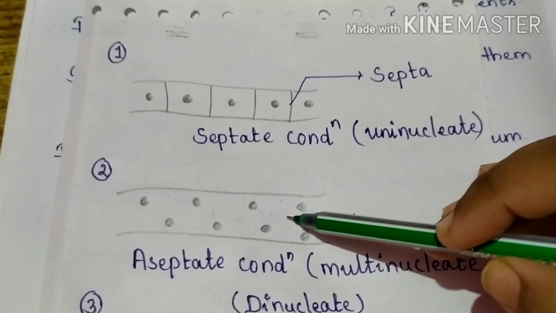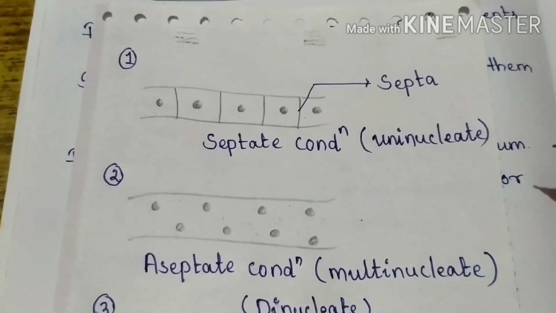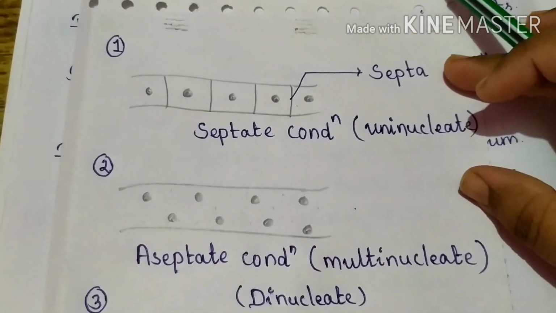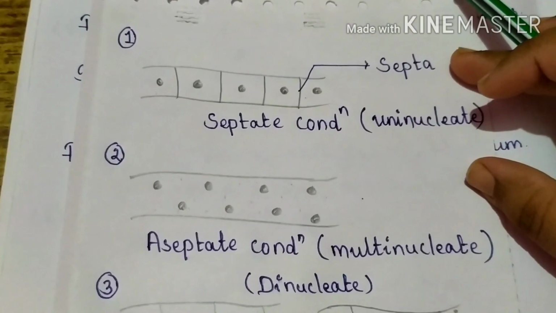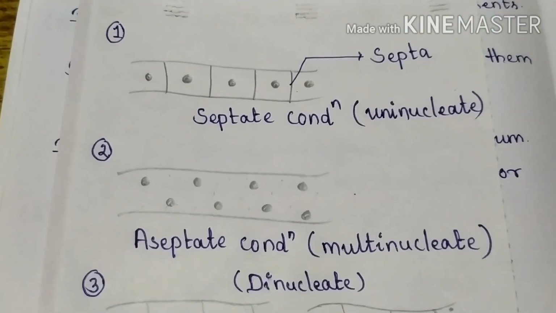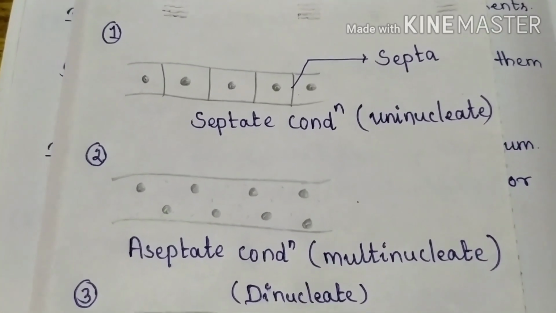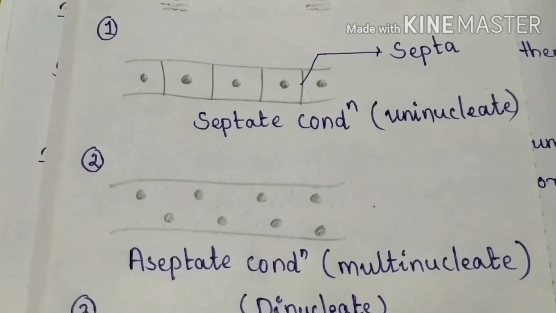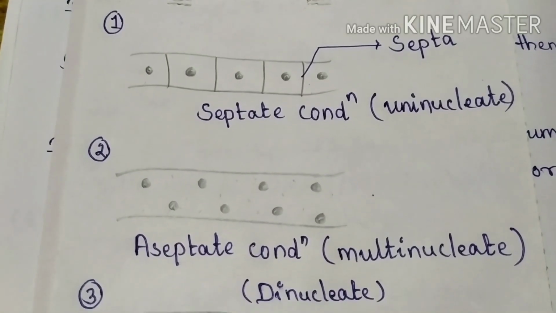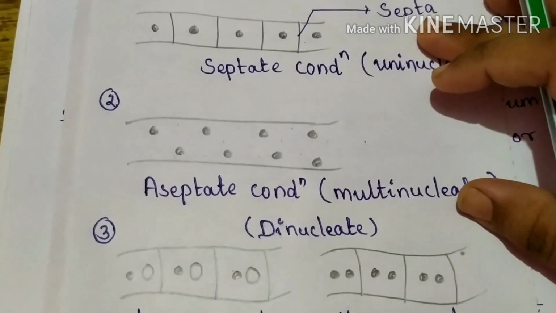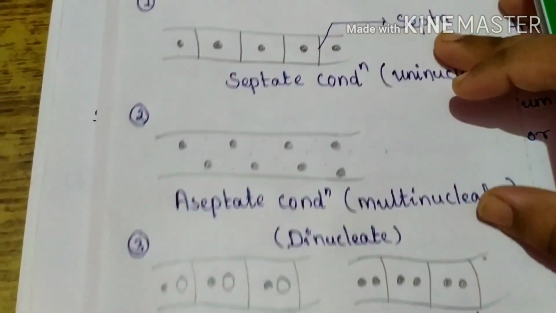If the septa is absent in a particular hypha, then it may be present in multinucleate form. So here comes the number of nuclei. The fungal hyphae may show uninucleate condition, multinucleate condition or binucleate condition.